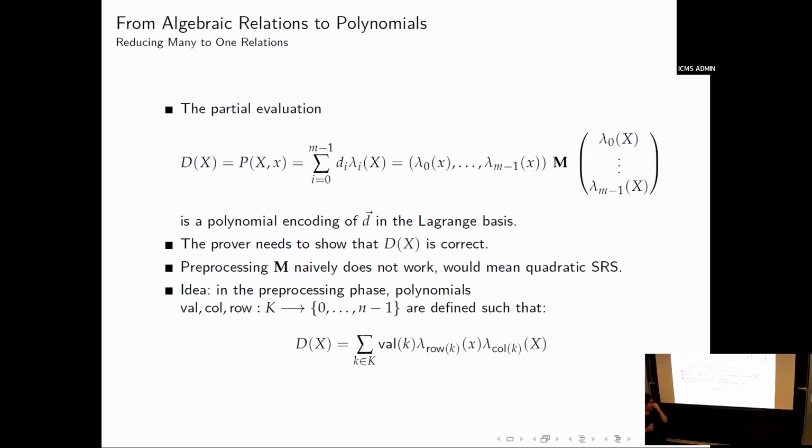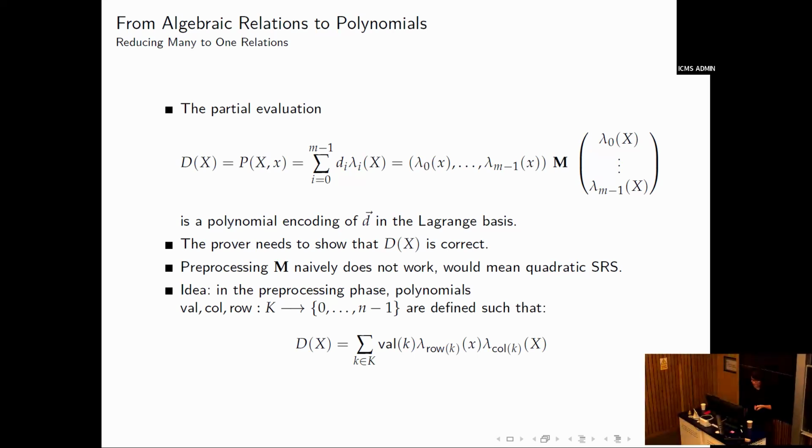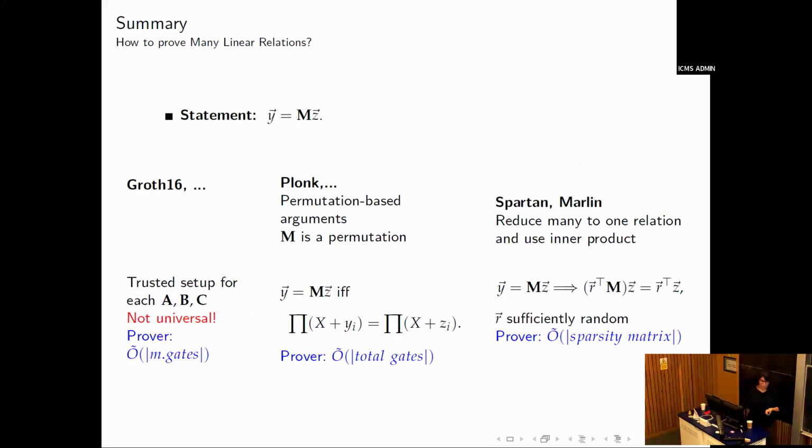This is a technique that comes from Marlin. You're writing the polynomial as a function of three values: the row, the column, and the value. That doesn't matter, but remember, the main idea is sparse encoding. You have to learn how to use sparse encoding. So that's it. Conclusion.